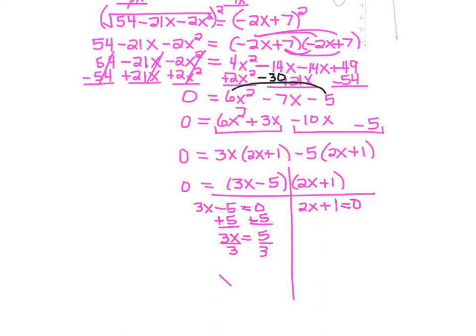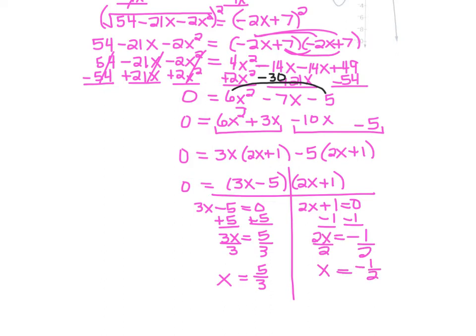So that gives us x equals 5/3. And then over here, we would subtract 1. Okay, which leaves us with 2x equals negative 1. And then when we divide by 2, we get x equals negative 1/2.